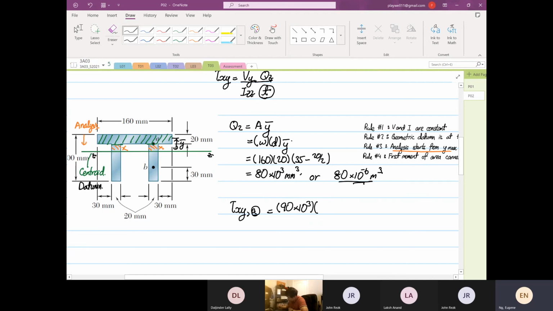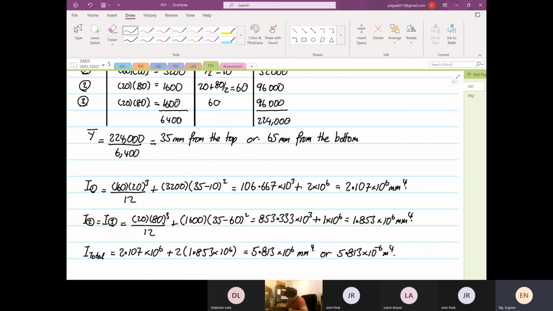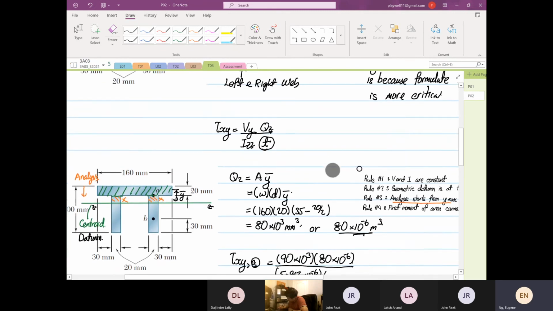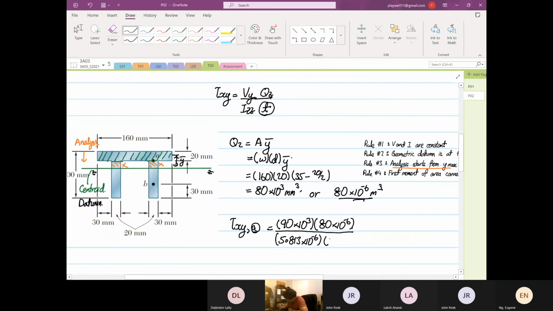Qz is 80 times 10 to the power minus 6, divided by Izz, which I can't remember, 5.813 times 10 to the power minus 6, and then the thickness we calculated is 40 times 10 to the power minus 3.